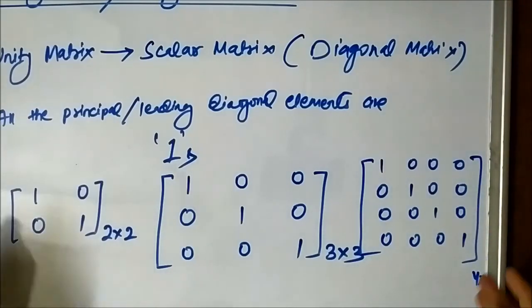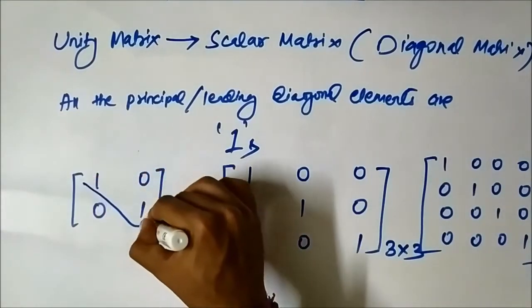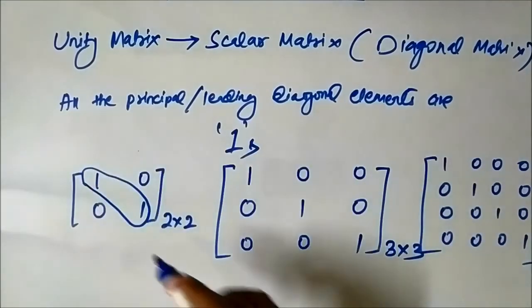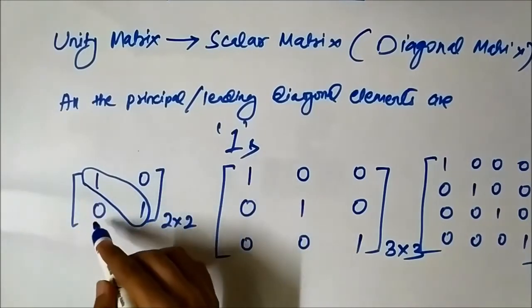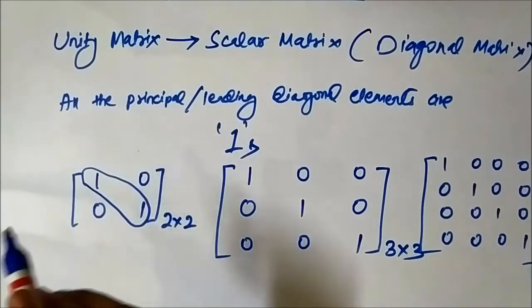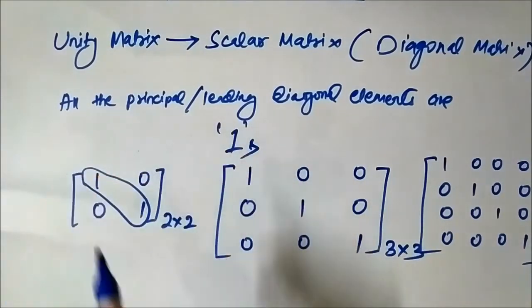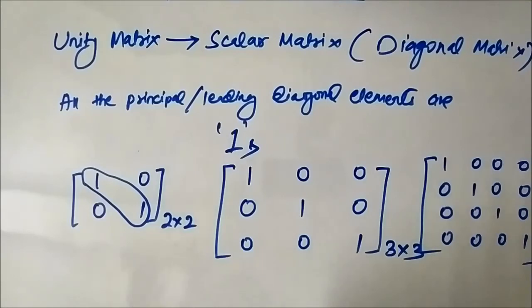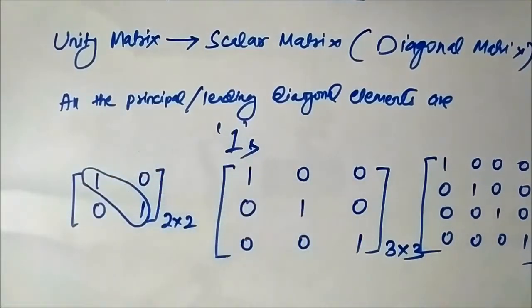The important feature here is that it is a diagonal matrix, because all the elements except those in the principal diagonal are 0. It is a scalar matrix because the principal diagonal elements are equal. The extra characteristic added here is that all the principal diagonal elements are unity, meaning 1. So it incorporates 3 characteristics.